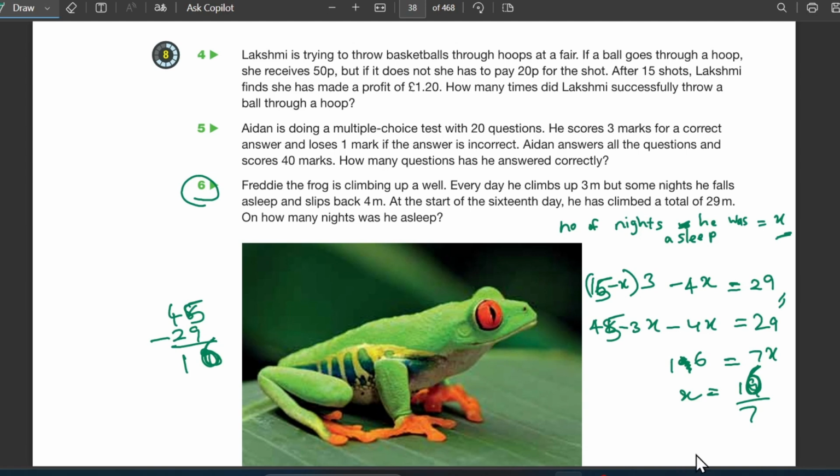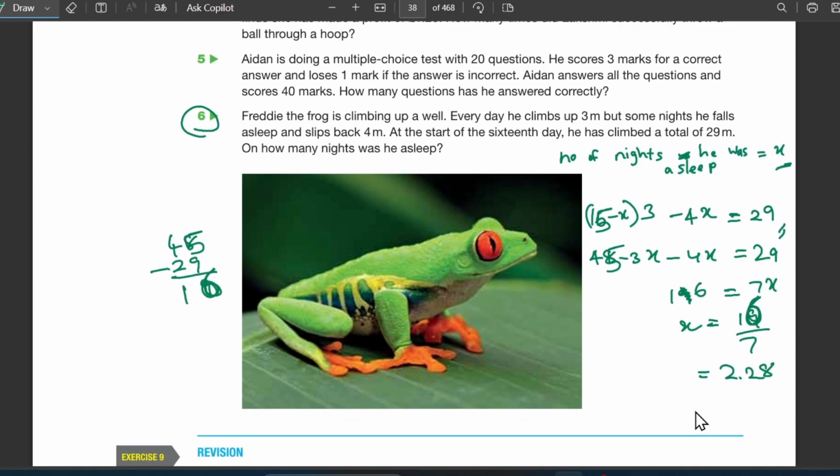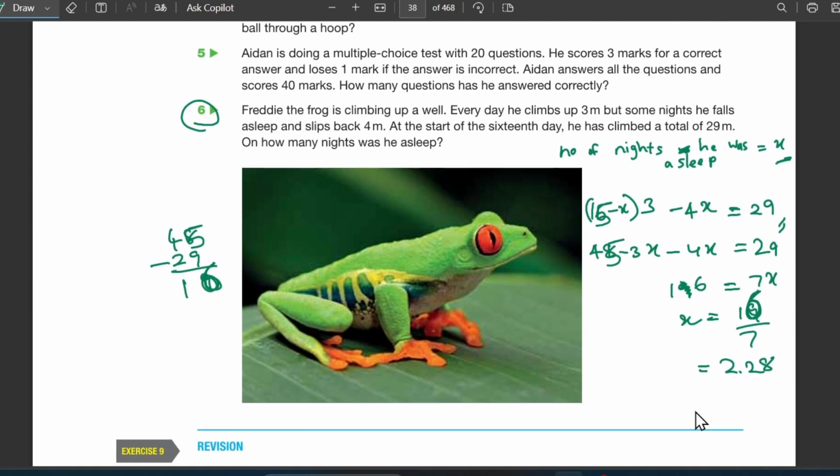So that's 2.28. So approximately, if we take nights, I think this answer is not correct.